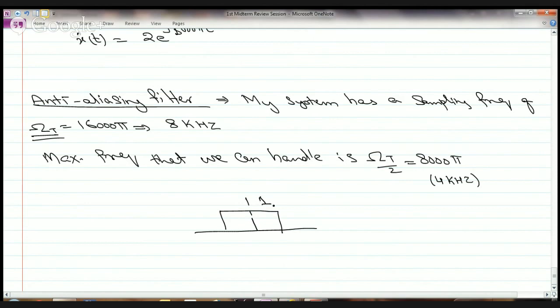The height of that is 1. And the cutoff of that is going to be 8,000 pi and negative 8,000 pi. Okay. You can also, so remember, omega s is defined as 2 pi by T. So this means that omega s by 2 is pi by T. So sometimes we also write it as the cutoff is pi by T and minus pi by T. But it really comes from what is the maximum frequency my system can handle.